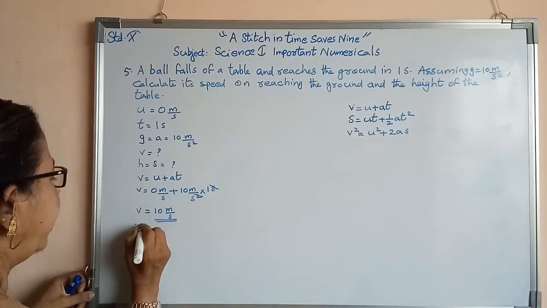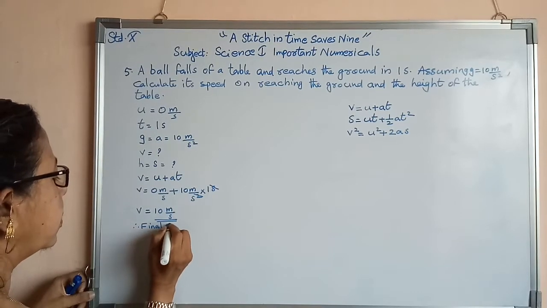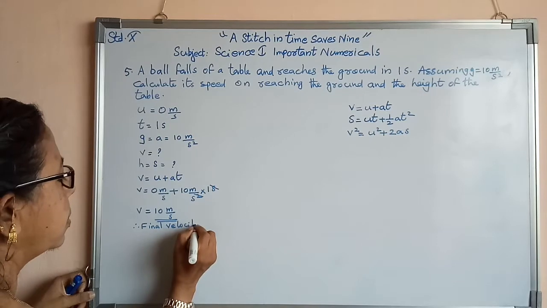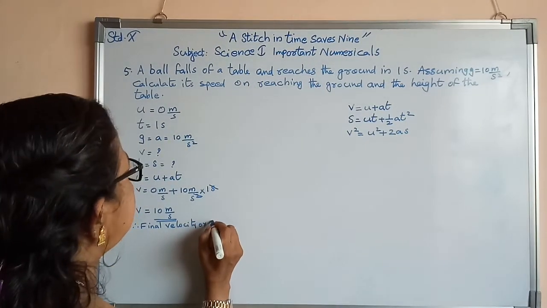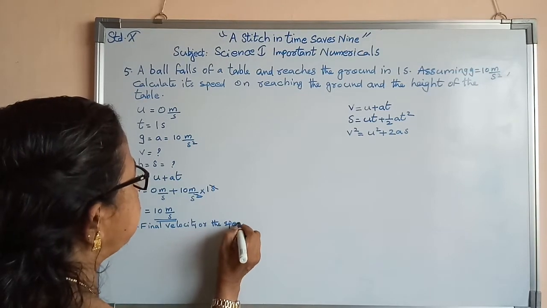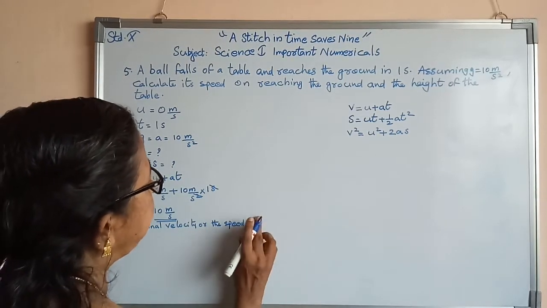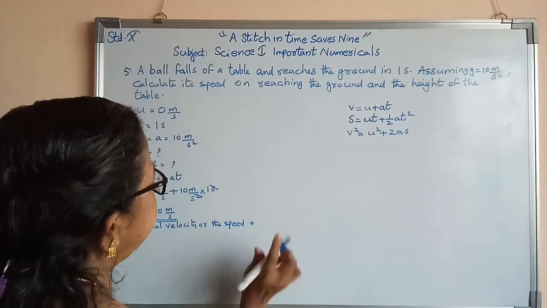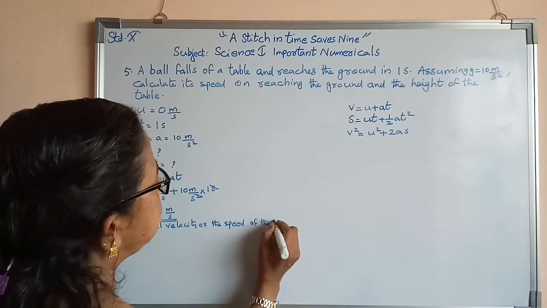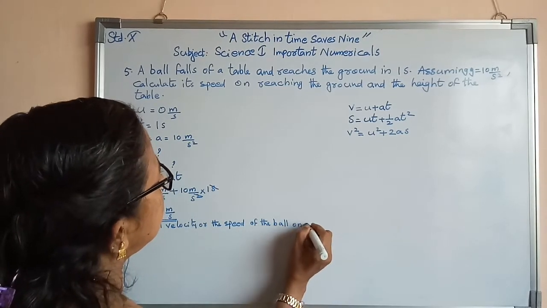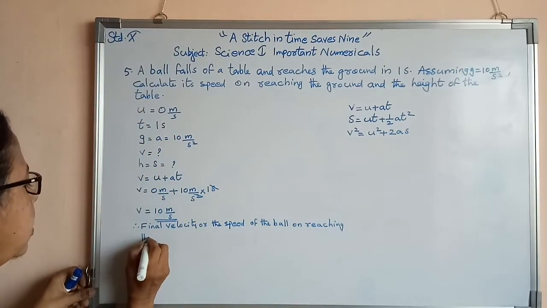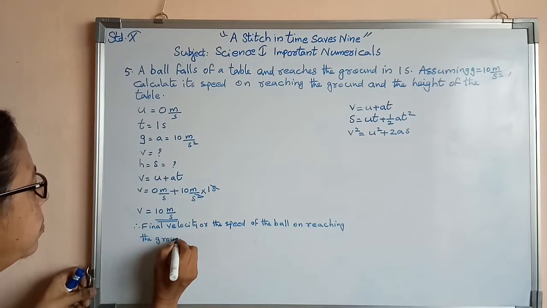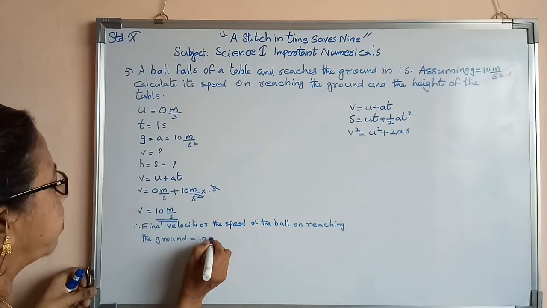So therefore the final velocity, or the speed on reaching the ground, or the speed of the ball on reaching the ground, is equal to 10 meter per second.